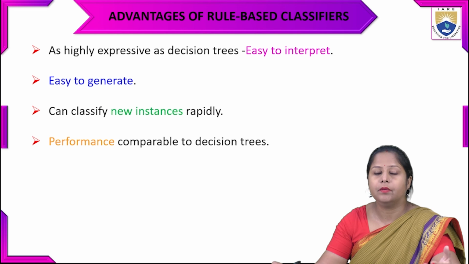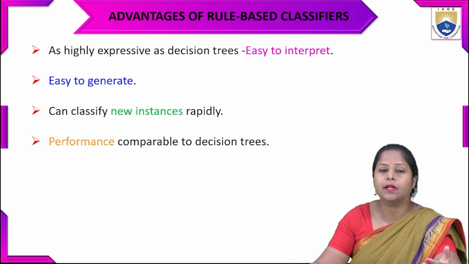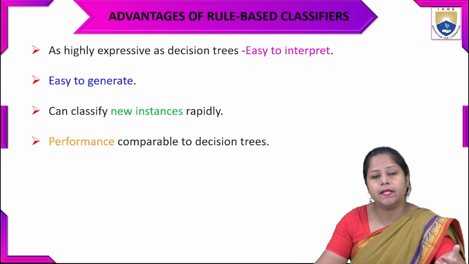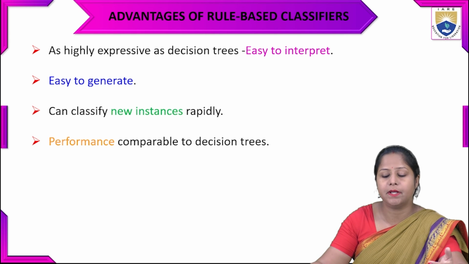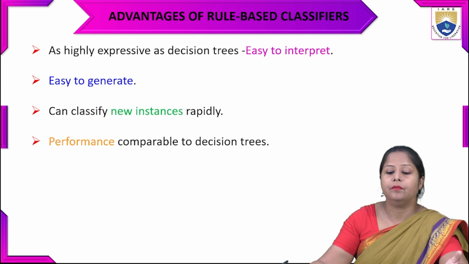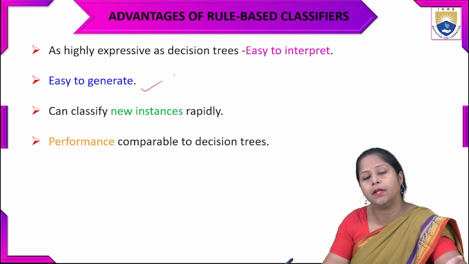So we have used the rule-based classifier. What are the advantages of using the rule-based classifier? The decision tree is highly expressive, because it is a graphical representation, so it is easy to interpret. We can easily generate the rules from there.